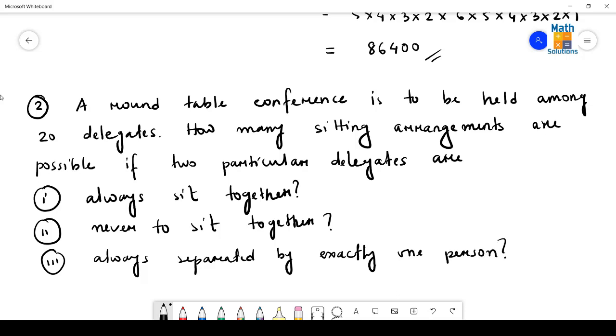So let us come to the first question. Before coming to the first question, it is very clear that the total number of persons is 20. So these 20 delegates are to be arranged at this circular table, so that they can sit comfortably. So how many such possible ways are there? Let us calculate that first.